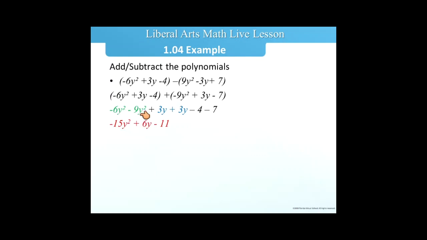So negative 6 minus 9 is negative 15y squared. 3 plus 3 is positive 6y. Negative 4 minus 7 is negative 11. Now, like I had said, had this been just an addition problem, we would have gone straight here and just combined the like terms. But whenever there's a minus here, you distribute that negative sign and change to addition. And you use the rules for addition.